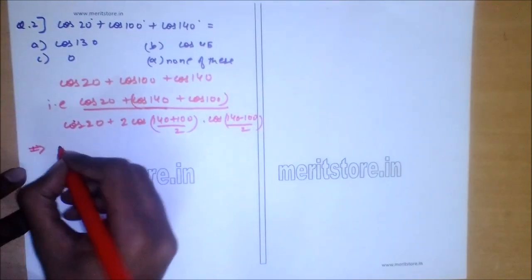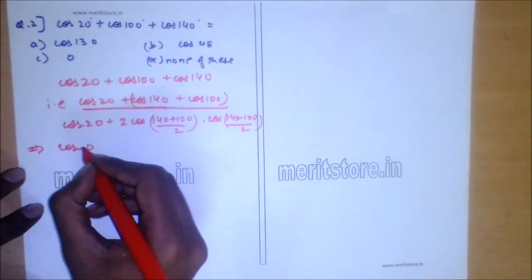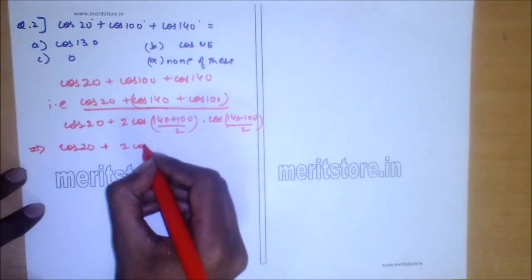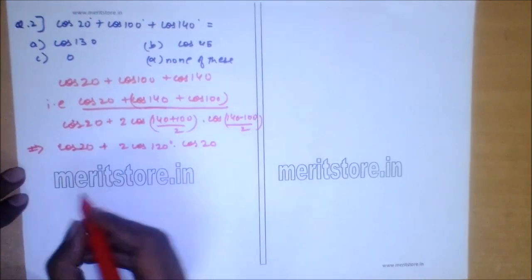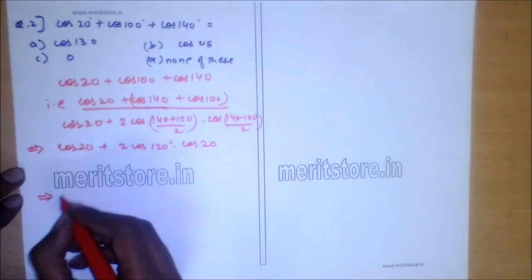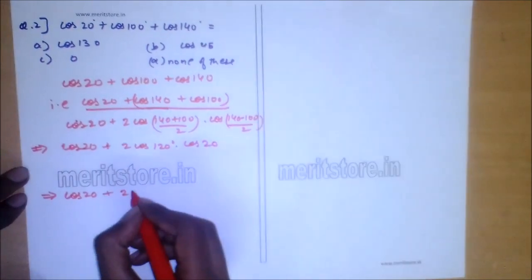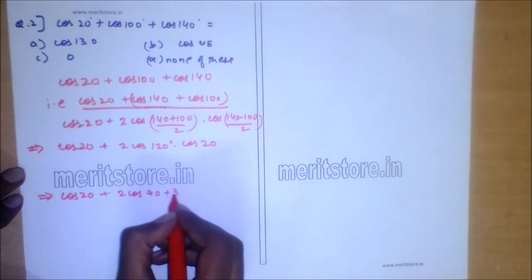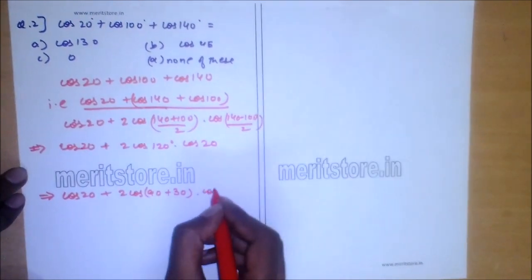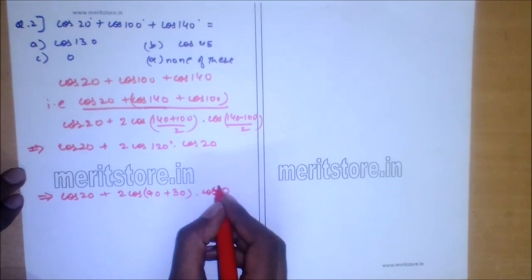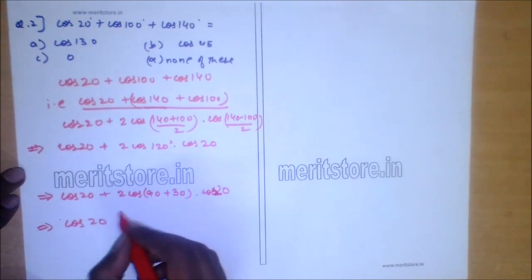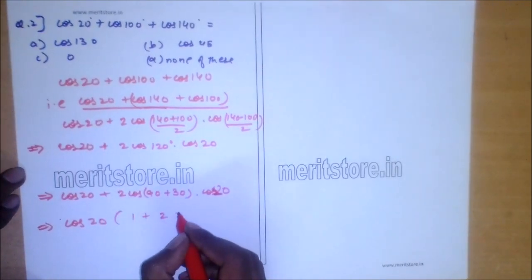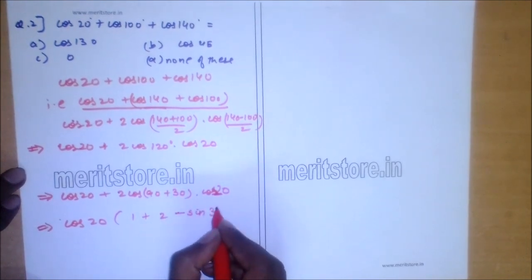That is cos 20 plus 2 cos 120 into cos 20. Now cos 120 can be written as cos (90 plus 30). We take cos 20 common, so we get cos 20 (1 plus 2 into cos (90 plus 30)), and cos (90 plus 30) is minus sin 30 degrees.